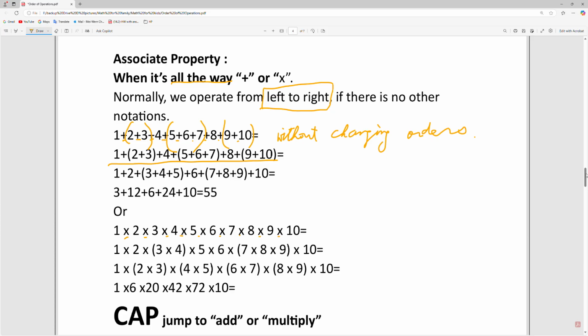Or you say no, I want to add these three first. Yes, you can do whatever you want, without changing the order. So in the end, you have 3 plus 12 plus 6 plus 24 plus 10, you have 55. So this is called the associative property.